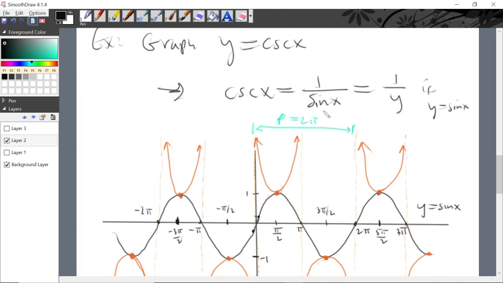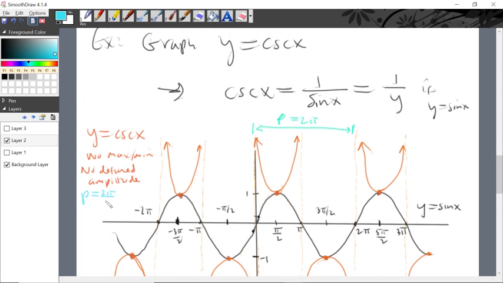Okay, so in red here, I've graphed the cosecant function, y equals the cosecant of x. We note that it has no max and no min, hence it has no defined amplitude. The period is equal to 2 pi.